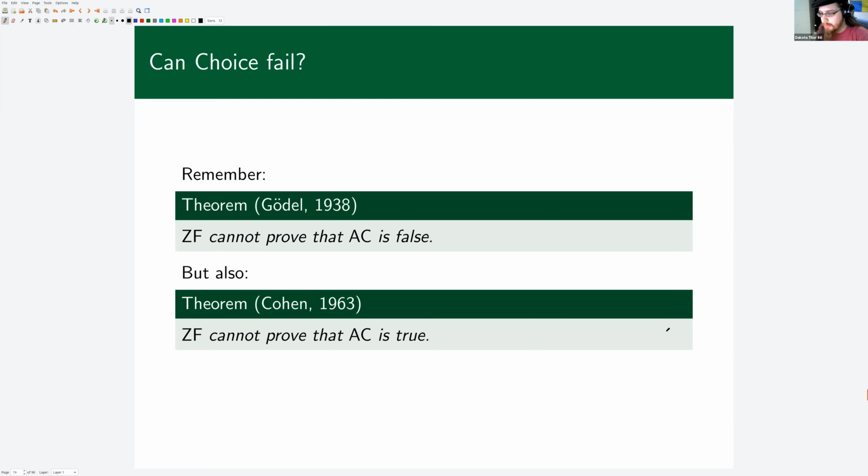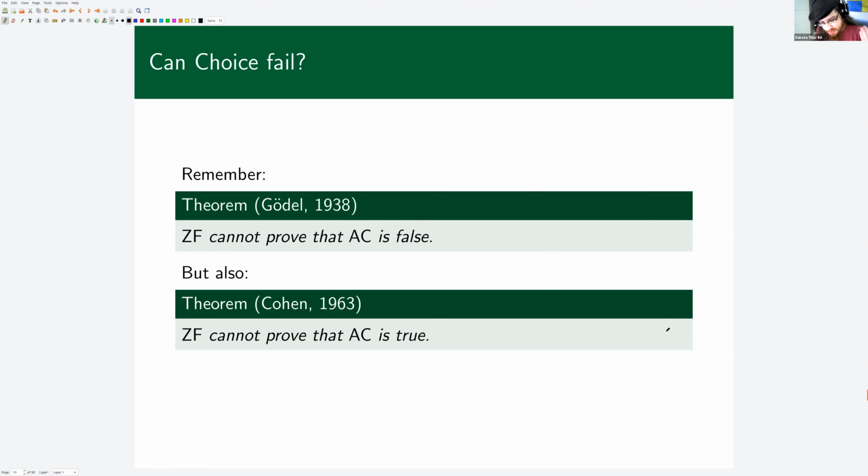This is a theorem of Paul Cohen from the 60s, a result of him developing a wonderful technique in set theory called forcing. So ZF can't prove that AC is either true or false, and what this means is that choice is independent of ZF.